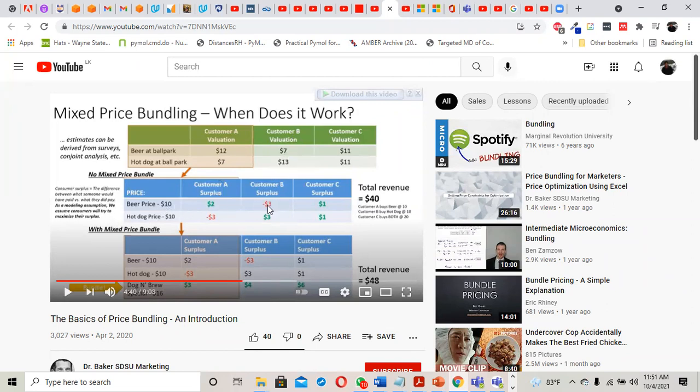Our price is 10, so he's not going to buy the beer. Hot dog is 13 for B, our price is 10, so he's going to buy it. Customer C thought both of them are worth 11, but our price is 10, so he's going to buy both. So altogether we get 10 plus 10, and then two 10s here, so altogether 40.